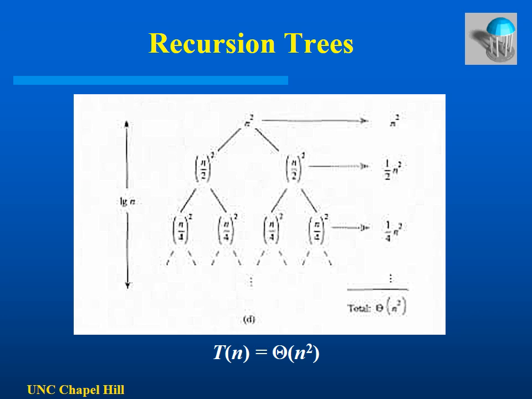And the sum of that series is 2. So when we cut off the sum, it's bounded by 2, so the sum of the coefficients of n squared is bounded by a constant, and as a result, the overall sum is theta of n squared.